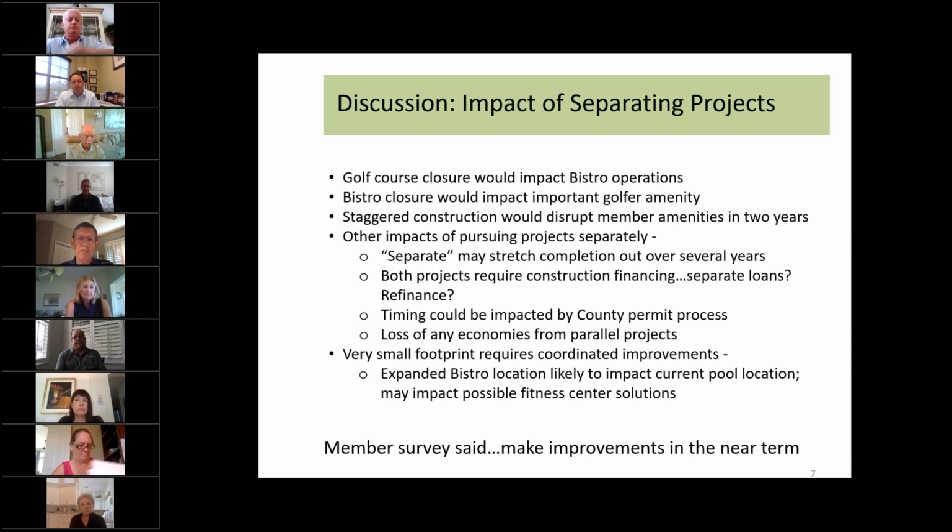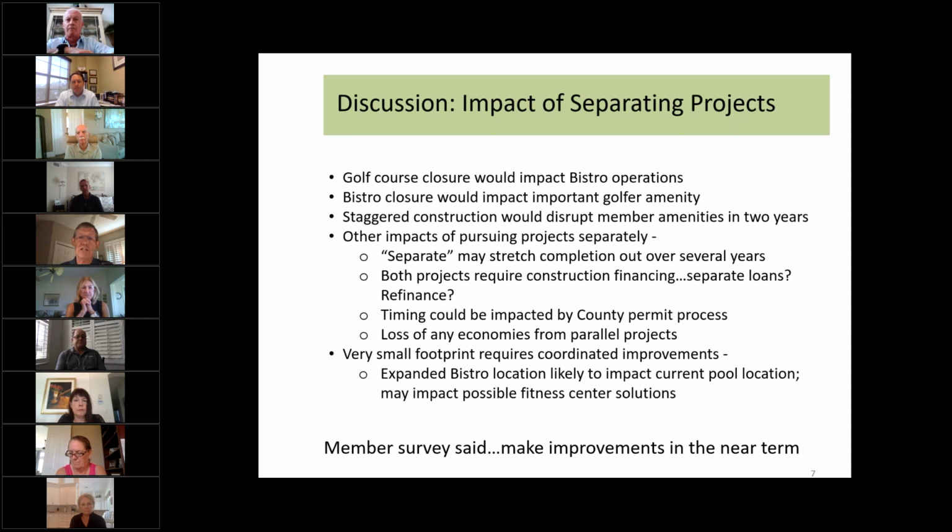The timing could also be impacted by the county if we stagger the projects. The county has a policy of not having 2 open permits on the same property at the same time. Now, there are ways around that where you put in one project and then you amend that permit to add the second project. It can be done, but there are problems associated with that.